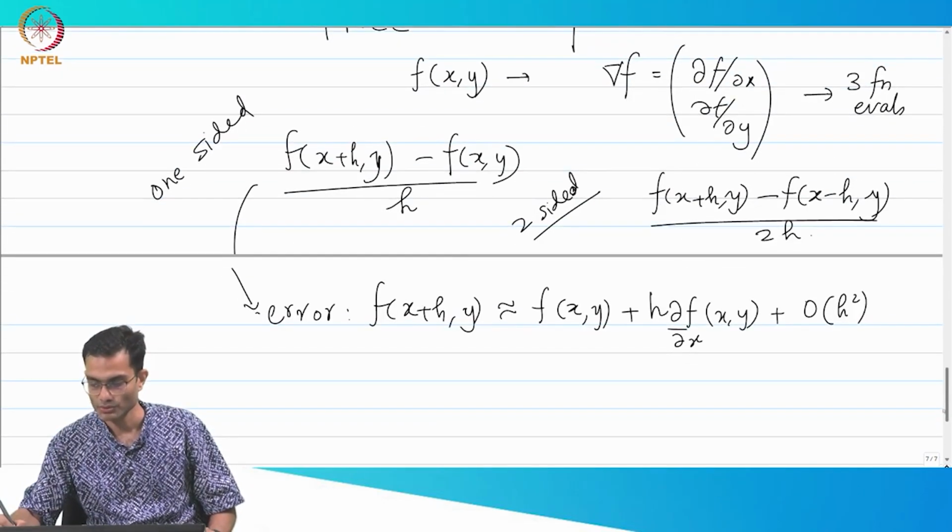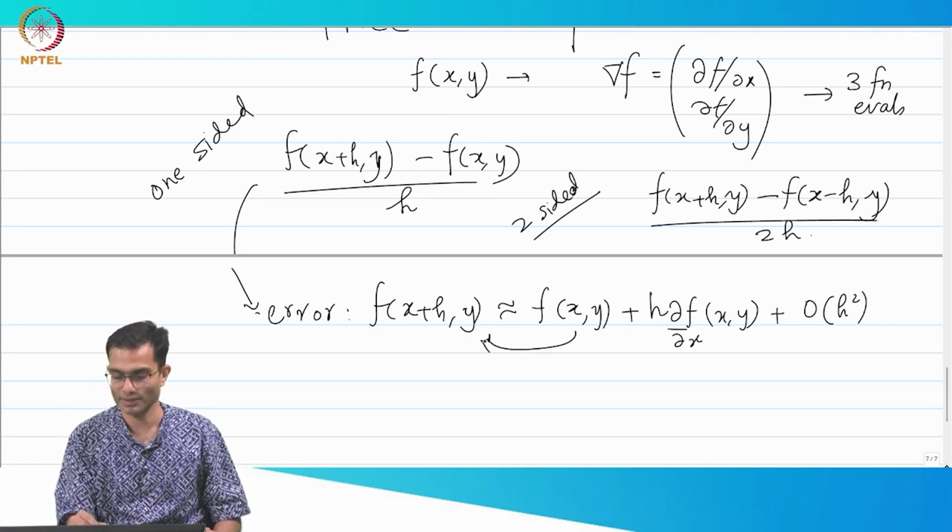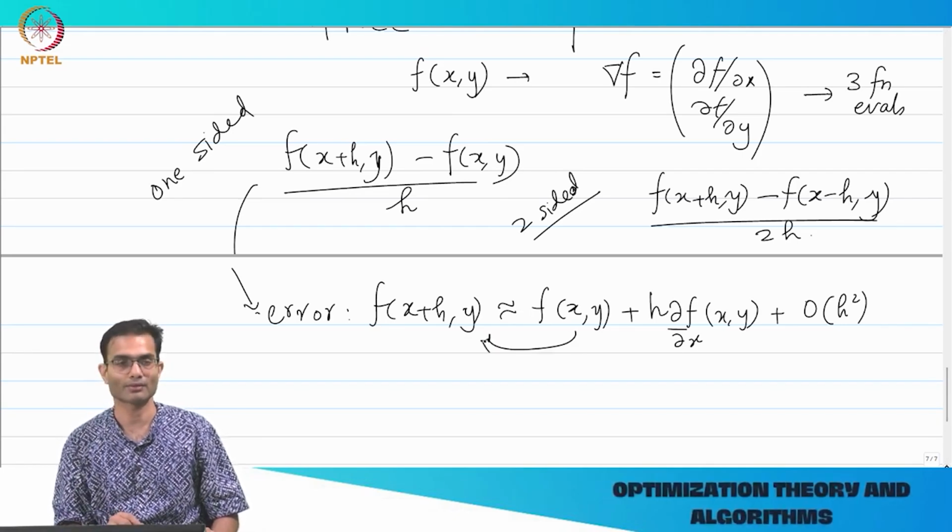So when I take this to the left hand side, my error is order h square.